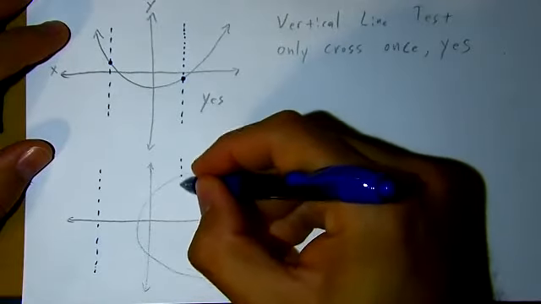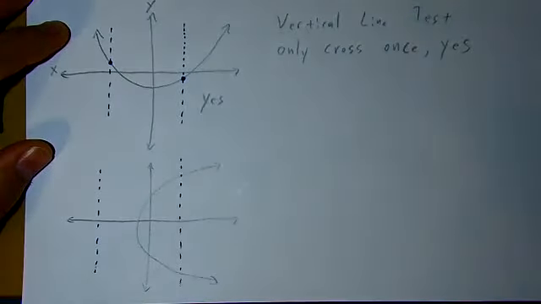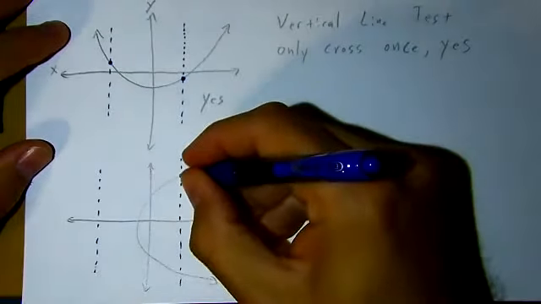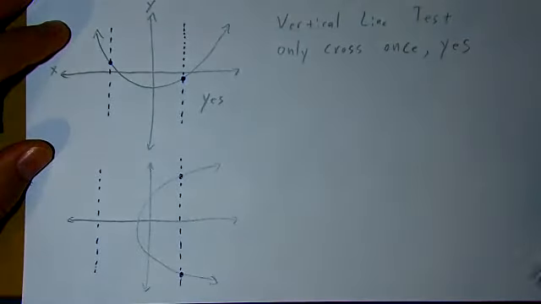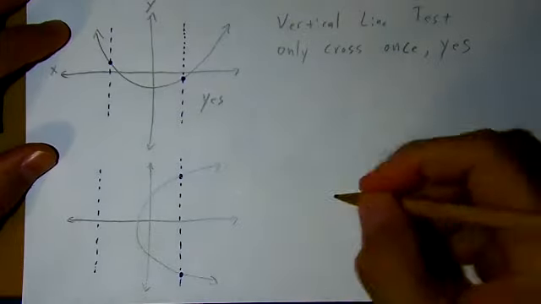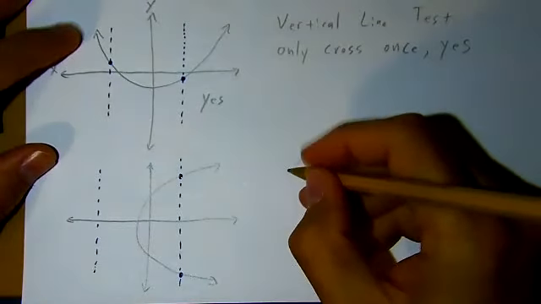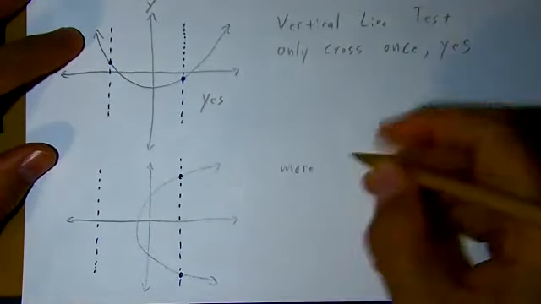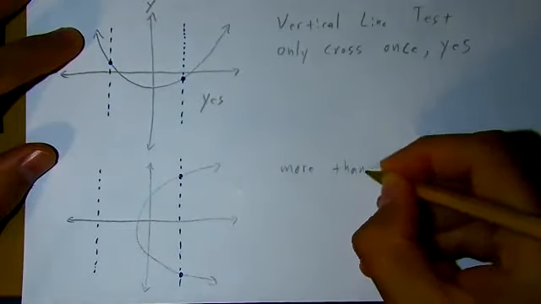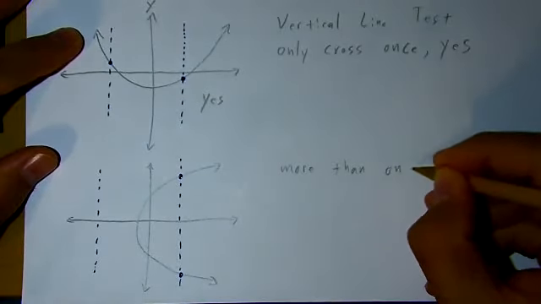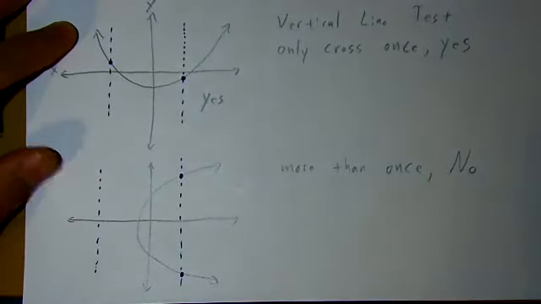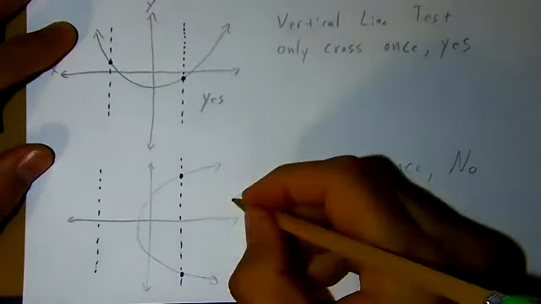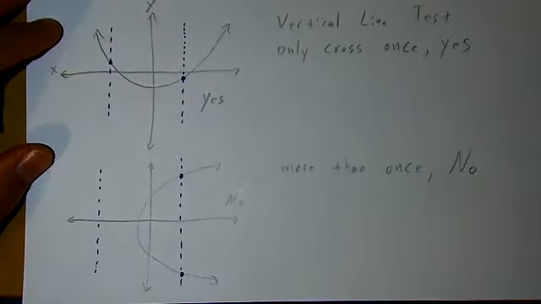But if you draw a vertical line test right there, you're going to cross here and you're going to cross here. So in your vertical line test, if you cross more than once, the answer is no. So this right here is a no.